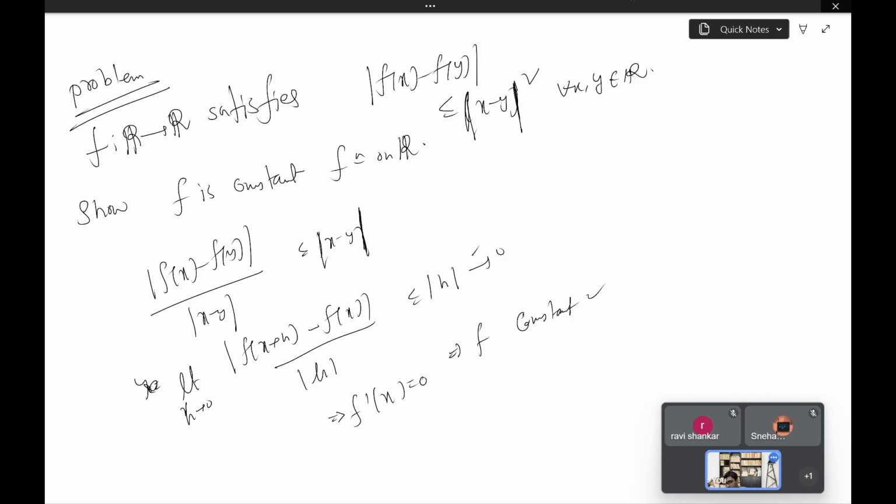Okay, so both of you understand this problem? Yes, sir. Once again, sir, please say about this h value, x plus h, and where did y go?